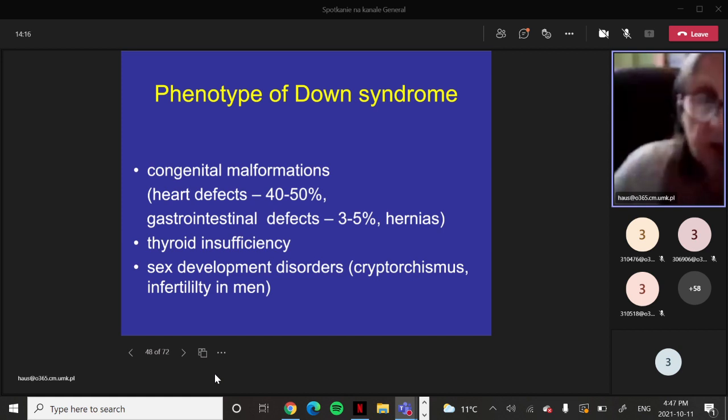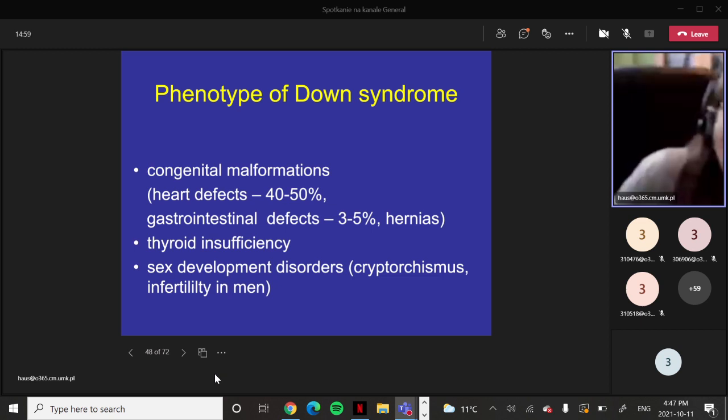Thyroid insufficiency. It may be present in almost all children with Down syndrome. And even if it is not present in a newborn or infant with Down syndrome, we should always examine a child with Down syndrome for thyroid insufficiency, because it may occur at every moment of life.